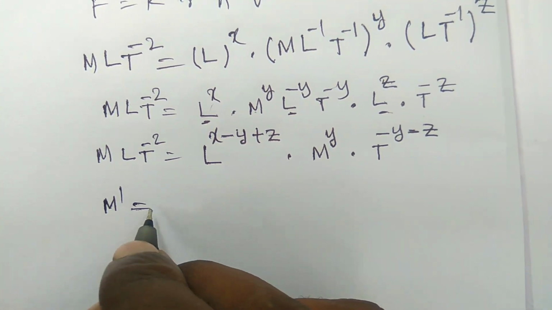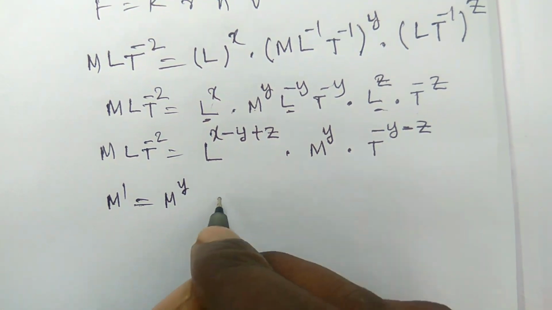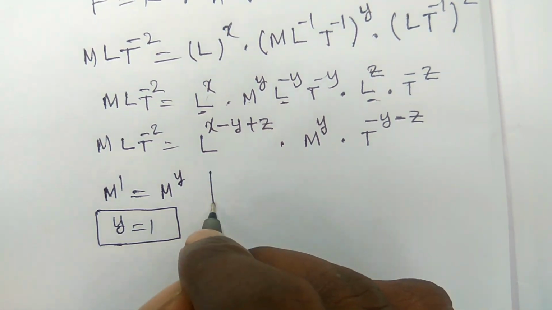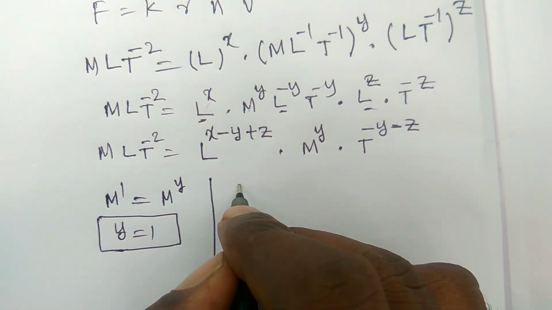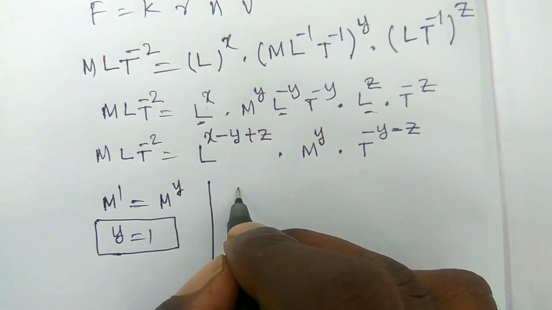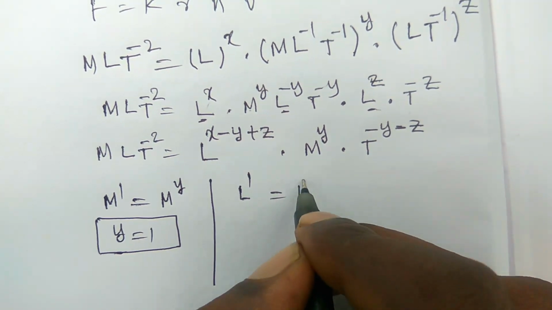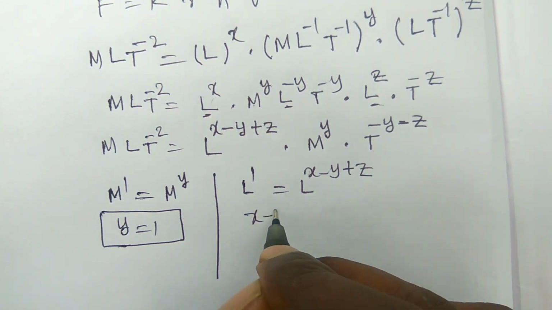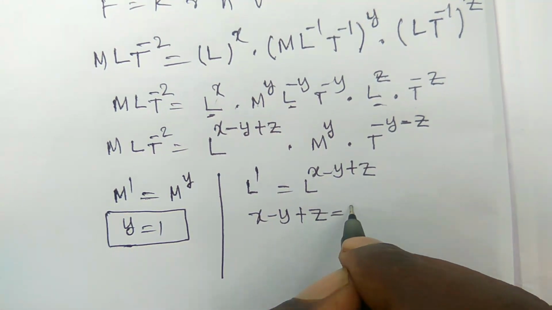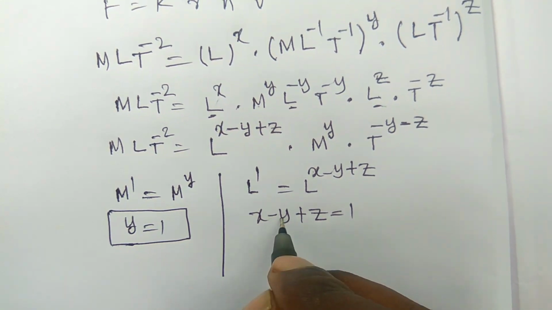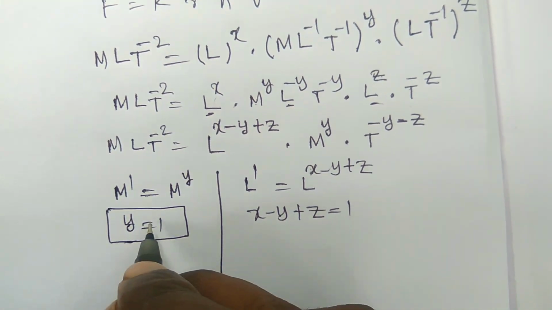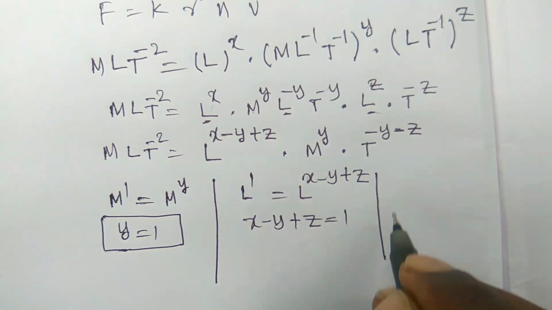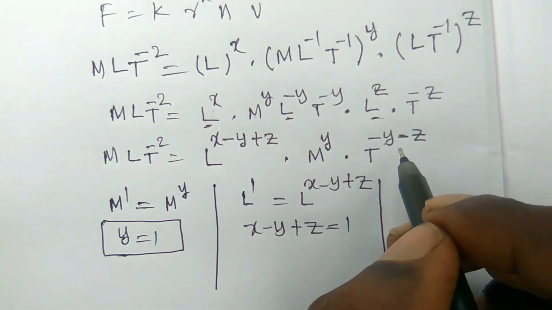So now we have to compare LHS and RHS. M power 1 is equal to M power y, so y is equal to 1, so we got the value of y. And coming to the L value, L power 1 is equal to L power x minus y plus z, right? x minus y plus z is equal to 1. Y, already you know, is equal to 1. So this is incomplete. Let us find the z value.